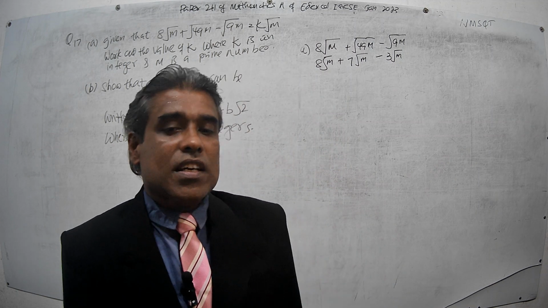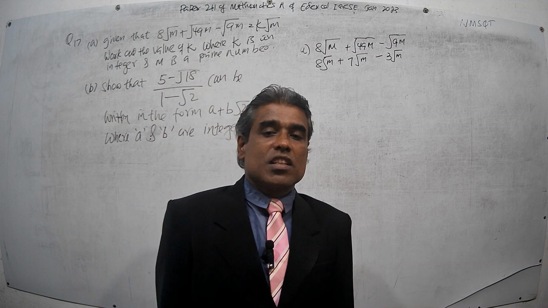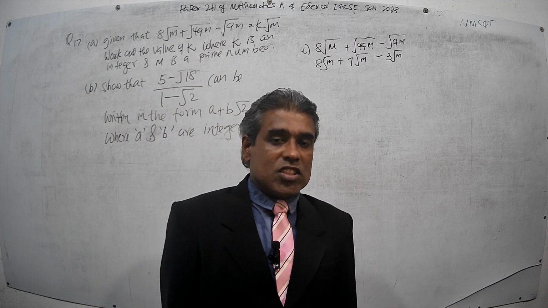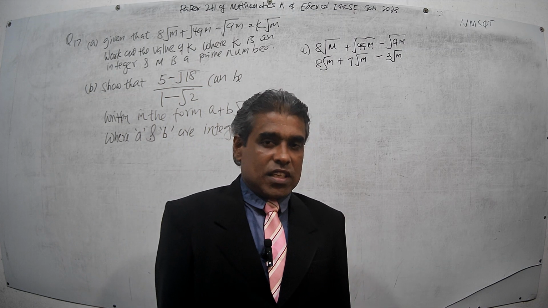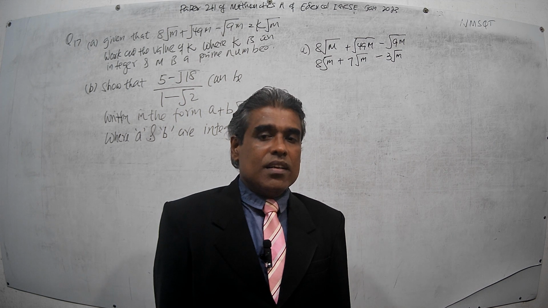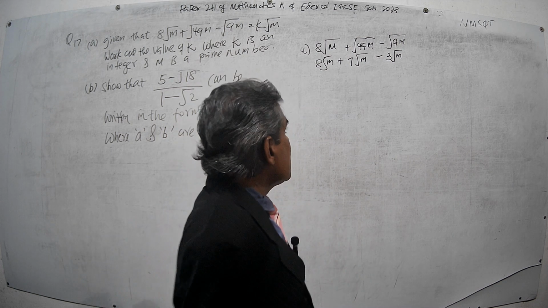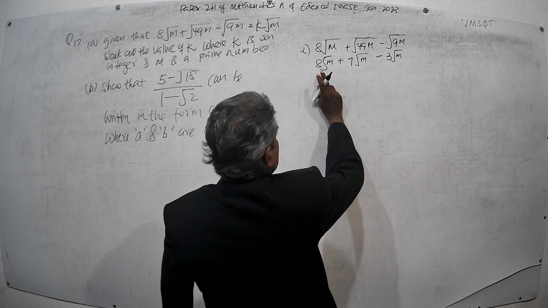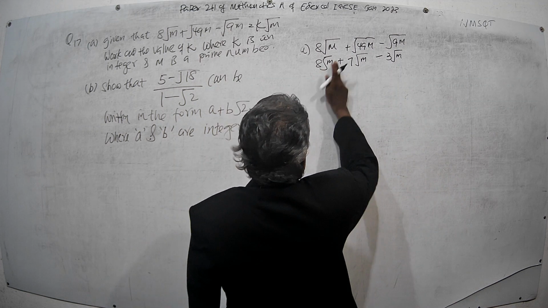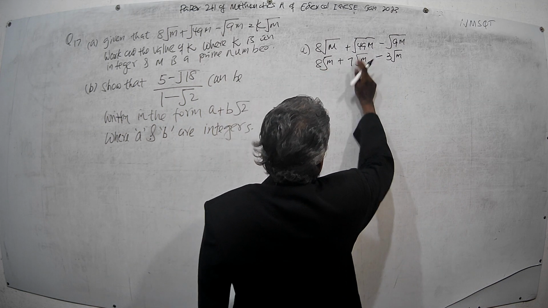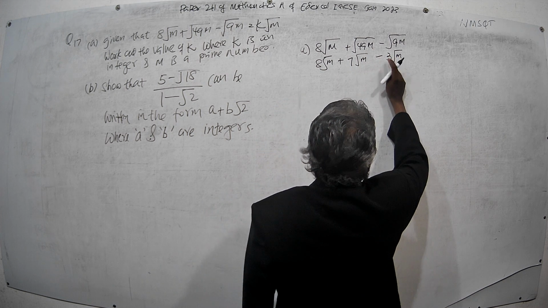Surds with equal surd factors are called like surds. Like surds can be added and subtracted. So there are 8 root m's, 7 root m's, then minus 3 root m's.